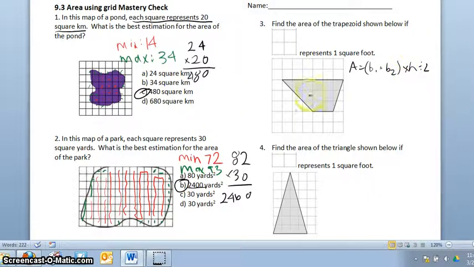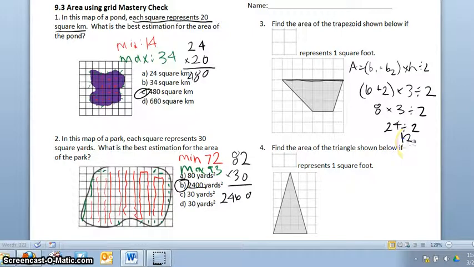Okay, so base 1 is 1, 2, 3, 4, 5, 6 long, plus base 2 is 2 long, times the height, 1, 2, 3, divided by 2. So I've got 8 times 3 divided by 2, which is 24, divided by 2, which is 12.